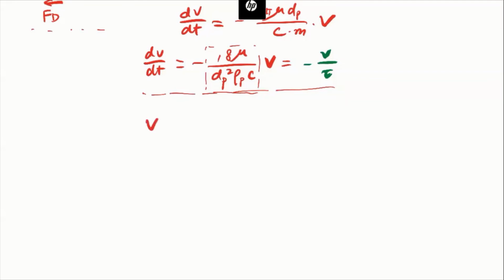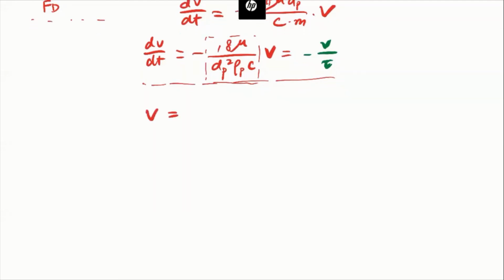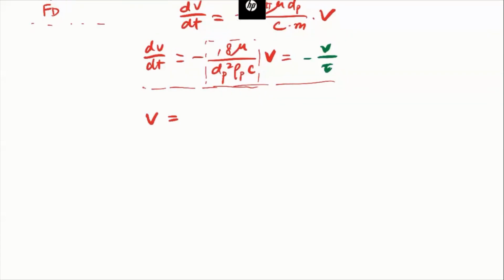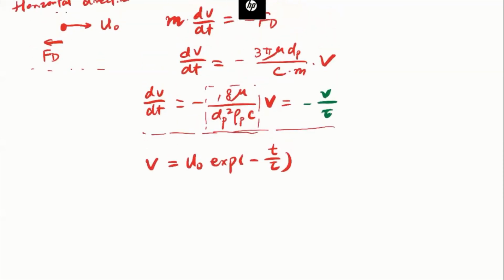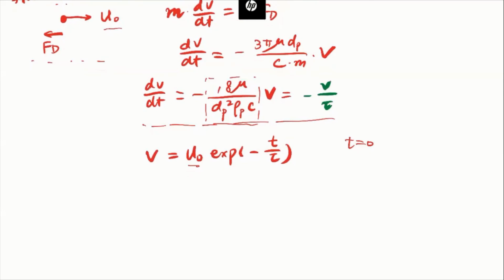The v is going to be u0 times exponential of minus t divided by tau. This is because when time is equal to 0, the velocity is equal to u0, and because of that we also have an exponential term.